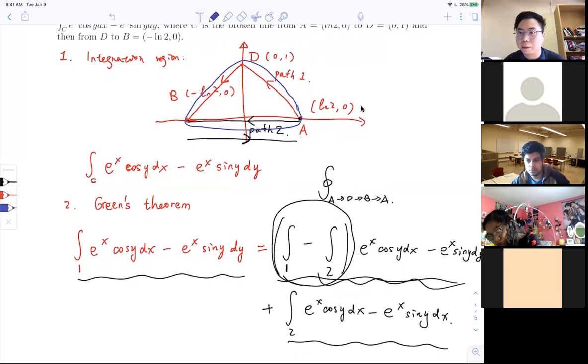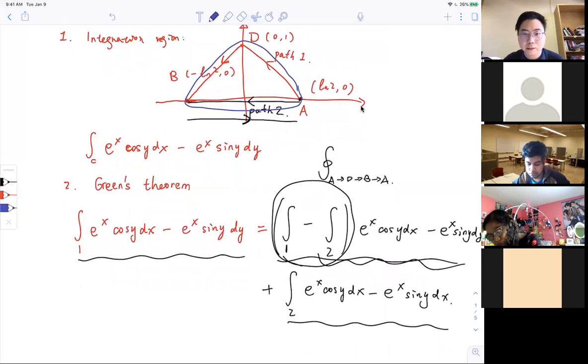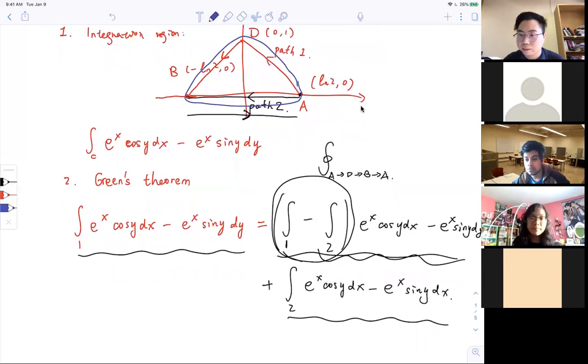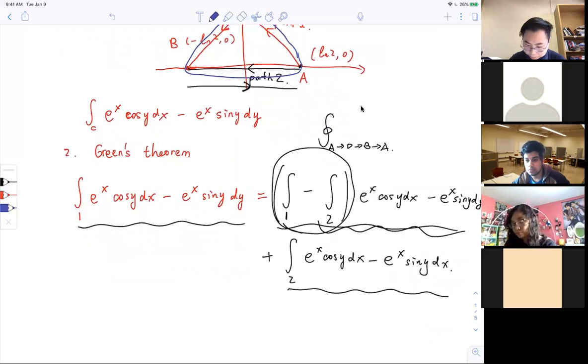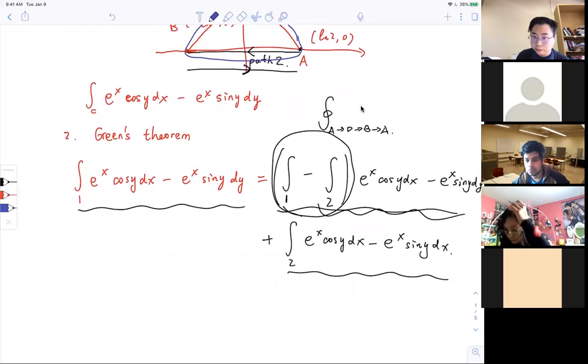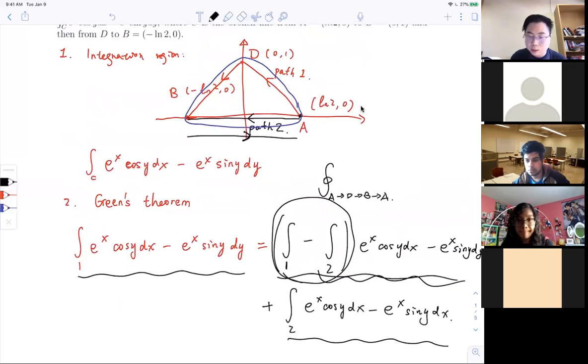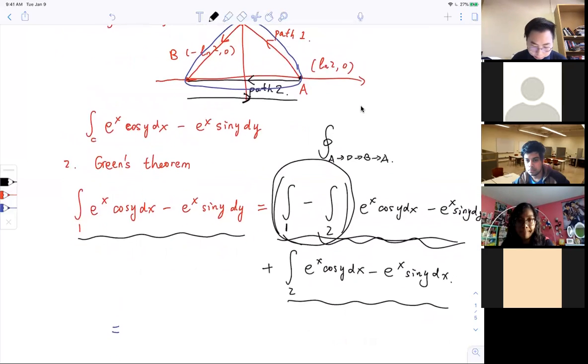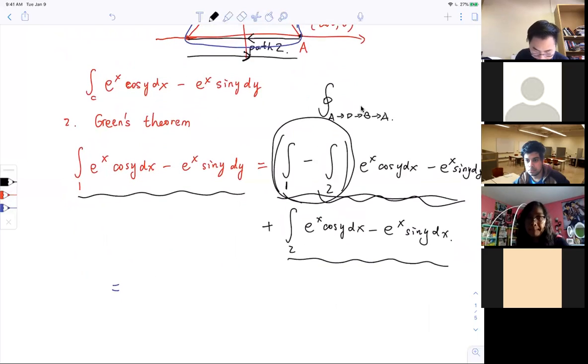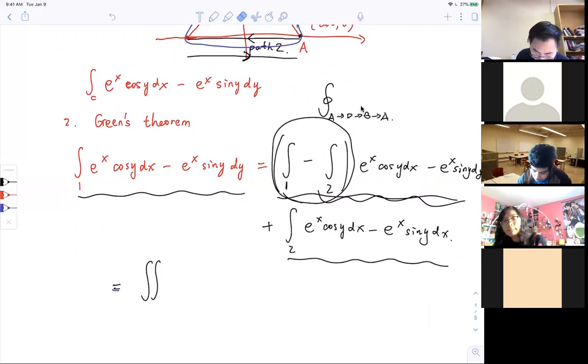Any question about this step? Okay, so I guess it's clear. Just let me know if you have any question. Once we have a closed loop, we know that we can apply the theorem. It becomes an area integral dx dy.